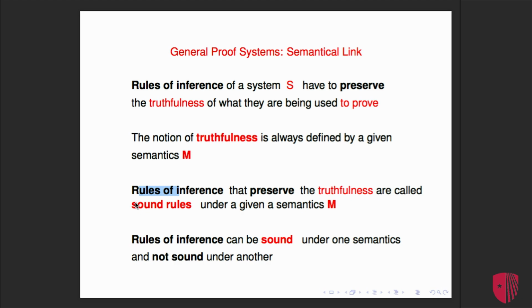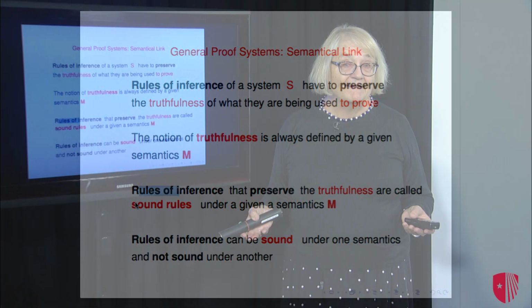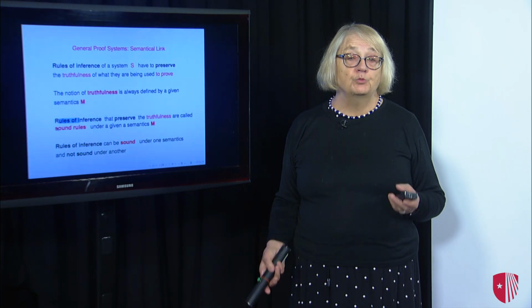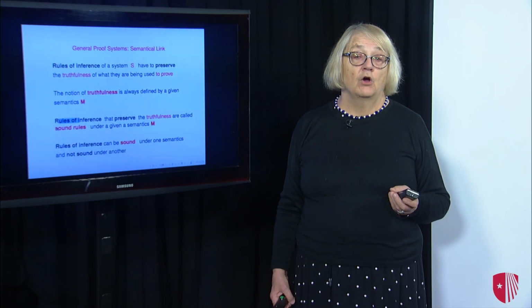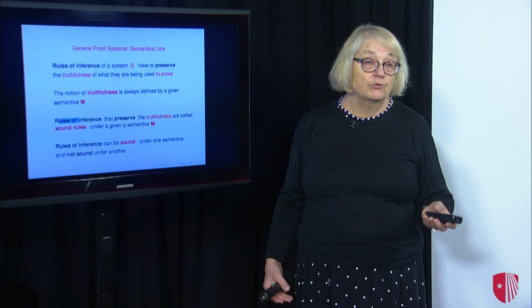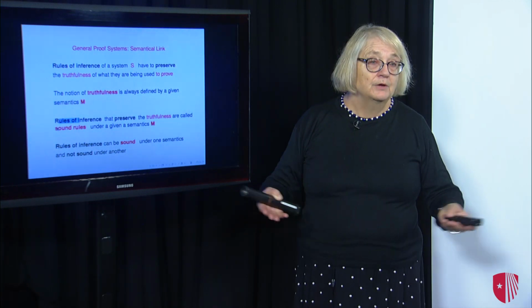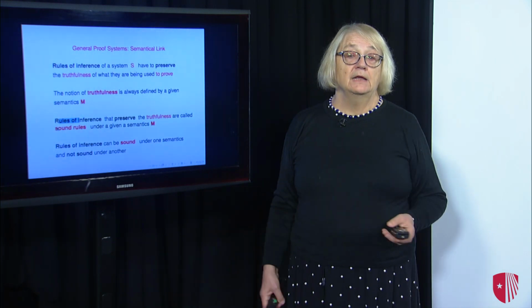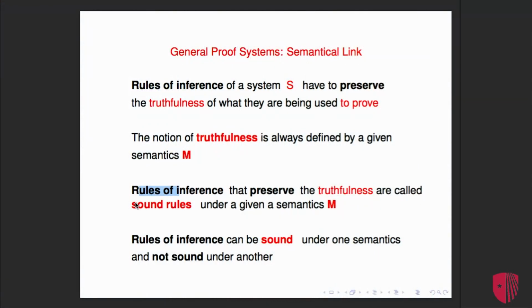Now, rules of inference, which we are going to define formally, of a proof system have to preserve truthfulness of what they are going to prove, because why prove if you don't know that what you prove at the end is true. The notion of truthfulness is always defined by a given semantics M. We talked about semantics in the previous lectures.